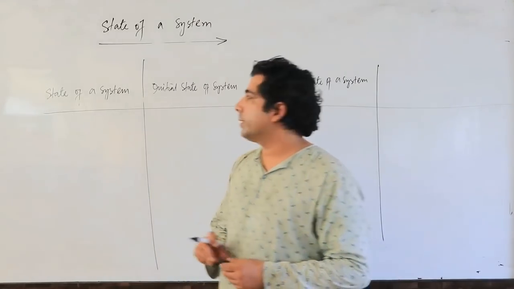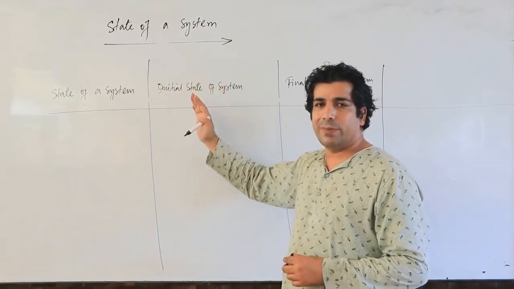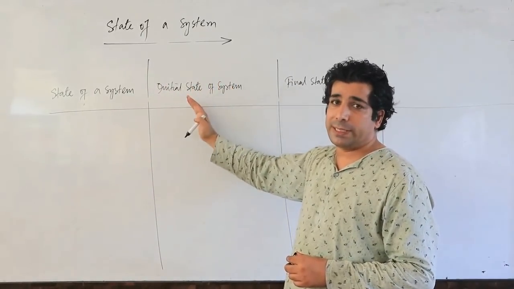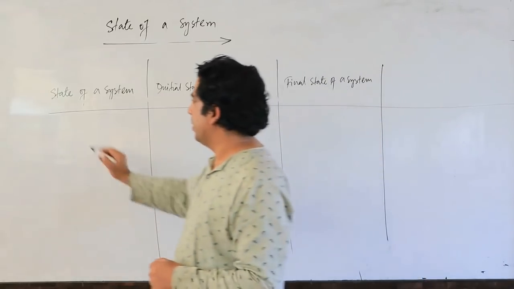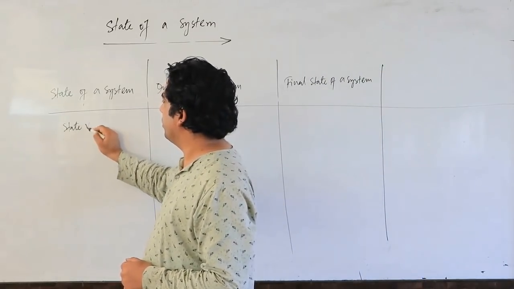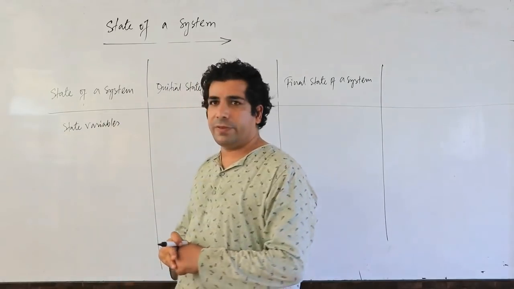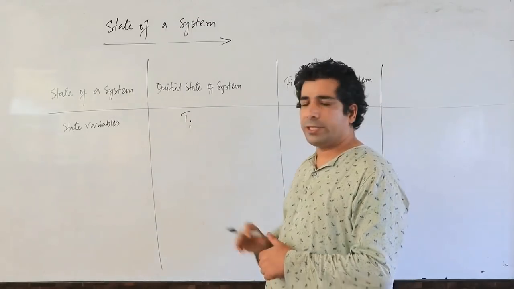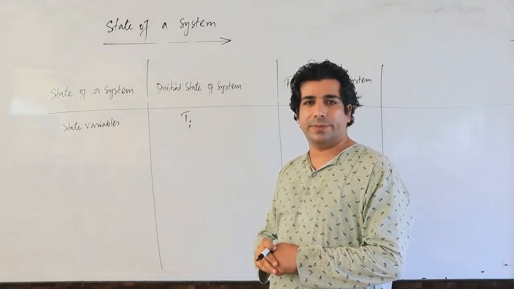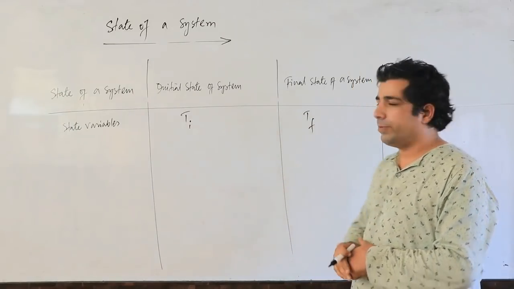So my dear friends, let's have a look here. The state of a system. I told you a system can move from the initial state to the final state depending upon the state variables. So let's talk about state variables first. Let's take the first state variable here. Let's suppose that is temperature. The initial temperature of the system is Ti, and the final temperature of the system is Tf.